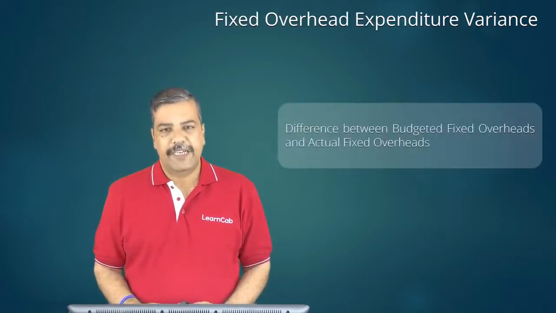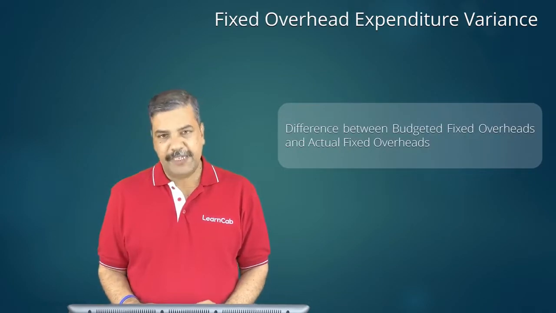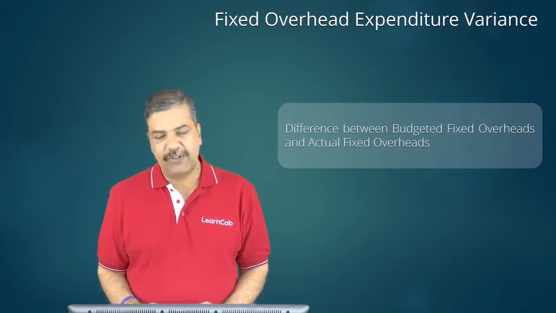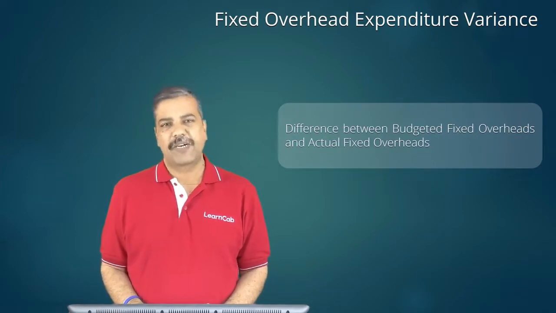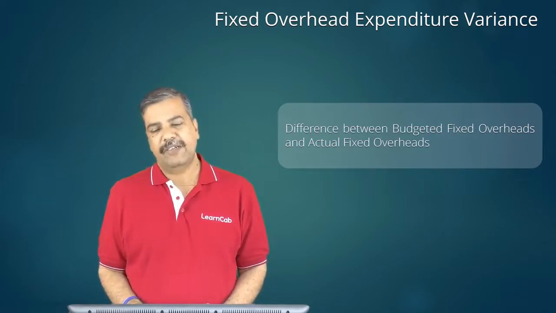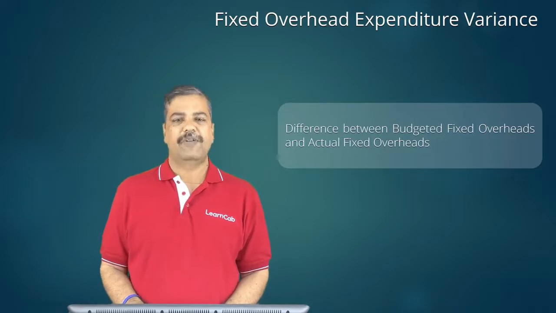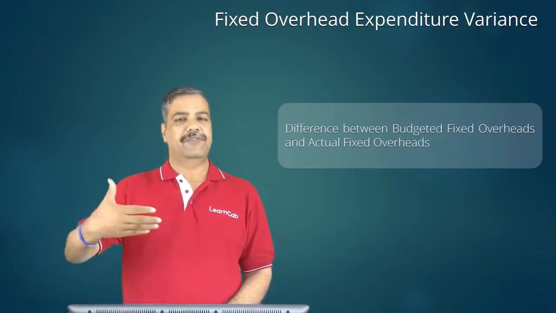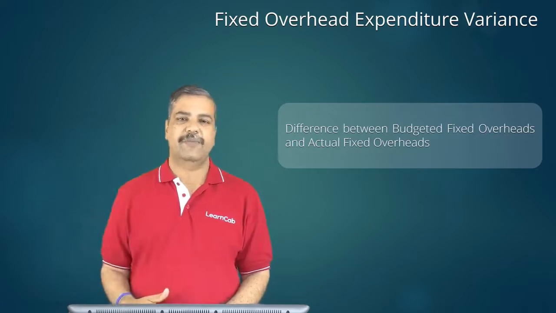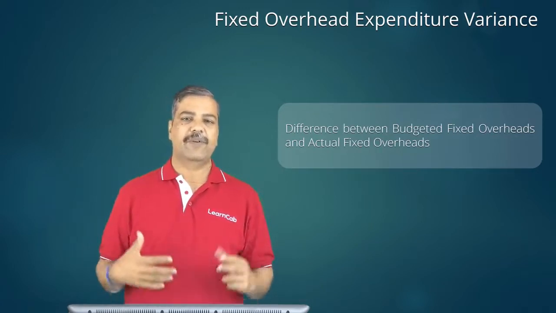Next, fixed overhead expenditure variance. It is the difference between budgeted fixed overheads and actual fixed overheads. Every time I prepare a budget, I know what cost I am supposed to incur for my fixed overheads in that particular year. I make the provisions for all these things based on the agreements I've signed.